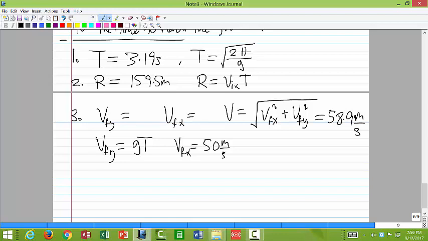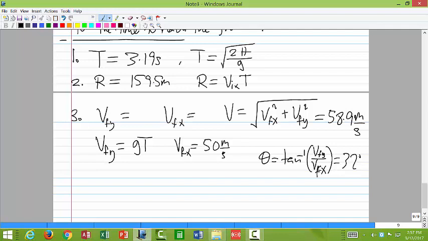Okay. So once you get those two, you just put it into the square root formula there, Pythagoras' theorem, to get your final. And what is the direction? So what direction would that be? Okay, 32 degrees, thank you. So you should get into the practice of calculating the vector. When you are dealing with a vector and I say final velocity, I'm referring to the magnitude of the final velocity vector. The direction is given by that.